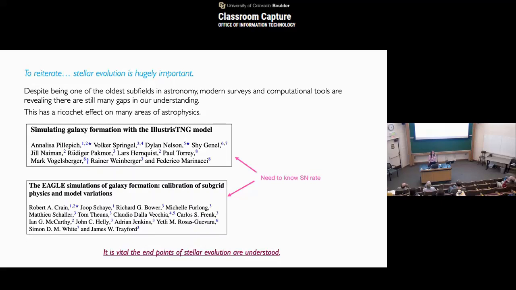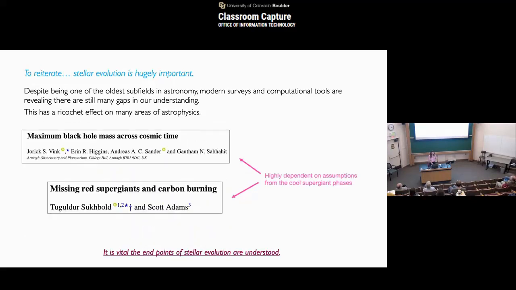For simulations of galactic evolution, they need to know the supernova rate. And if the supernova rate is actually lower, if these stars do collapse, this could have a huge knock-on effect for their predictions of metallicity and things like that. And also, any of the predictions that are made in stellar physics, so for example, what kind of mass range do we expect for black holes?